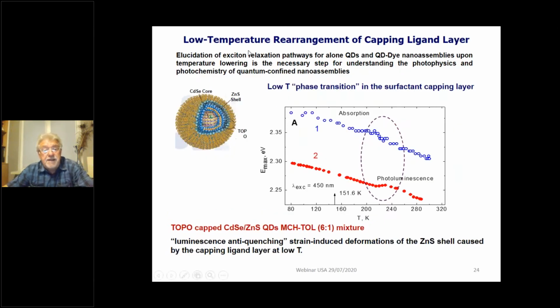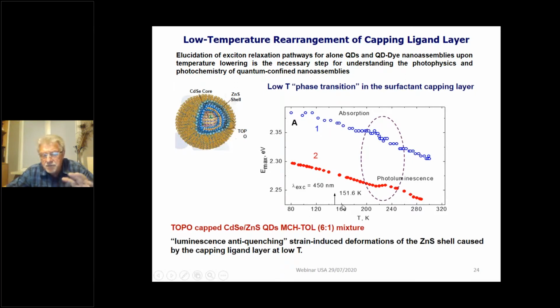Then we carried out experiments at low temperature. Upon lowering the temperature, we observed a shift of the absorption and photoluminescence bands to the blue, and we observed a specific kink in the absorption band and a specific kink in the photoluminescence. We should mention that this kink is observed far from the melting or freezing point of the solution.